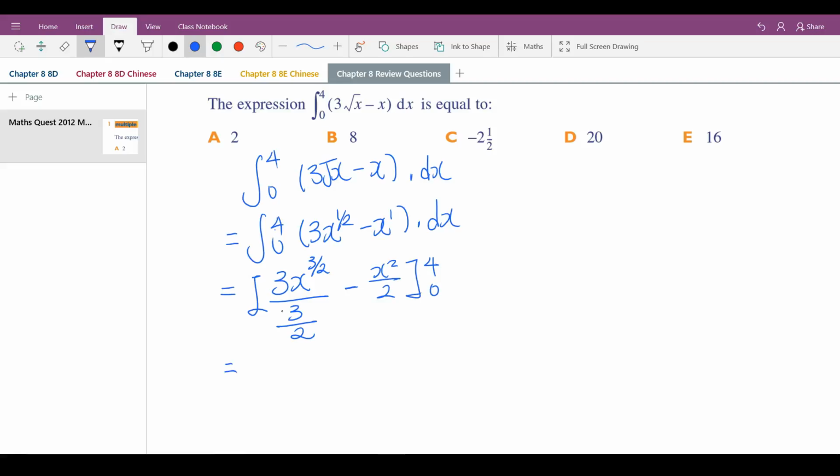Right, and let's write this now. 3x to the power of 3 over 2 divided by 3 over 2. When something is divided by 3 over 2, it's the same as multiplied by 2 over 3. So you can write it like that, multiplied by 2 over 3, and that makes it easier because this is all over 1, and it's just top times top, bottom times bottom.